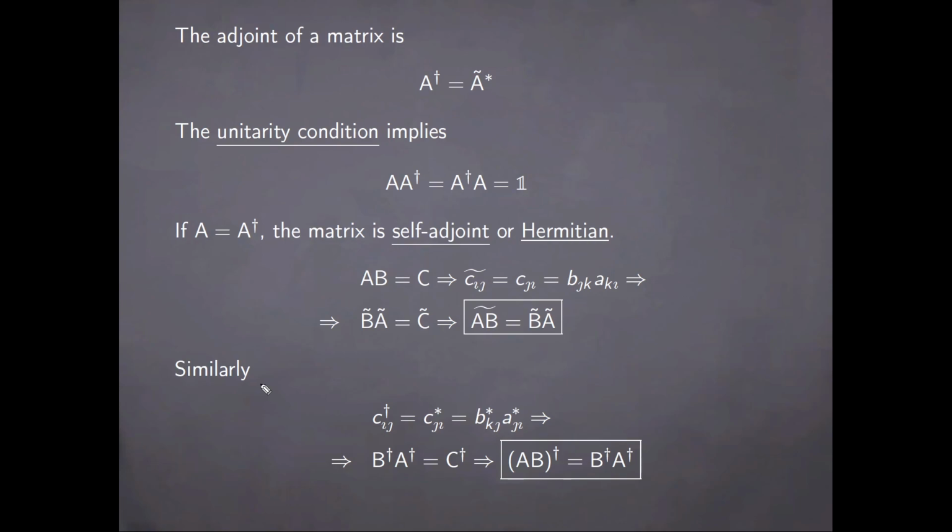And similarly, if we look at the adjoint of matrix C, then we can show that the adjoint of a product of matrices in just the same way is equal to the reverse ordered product of their adjoints.